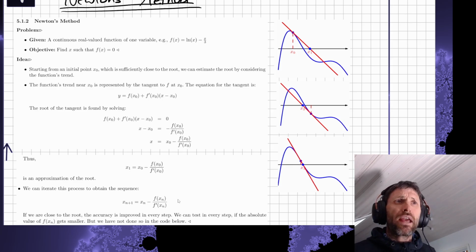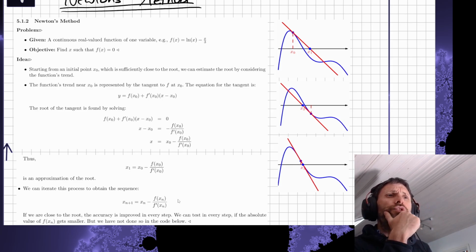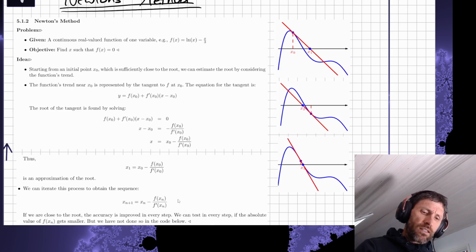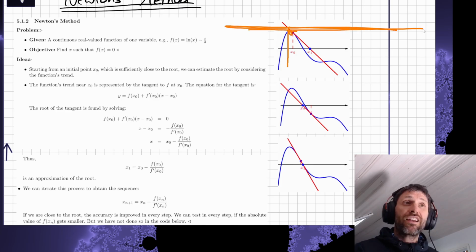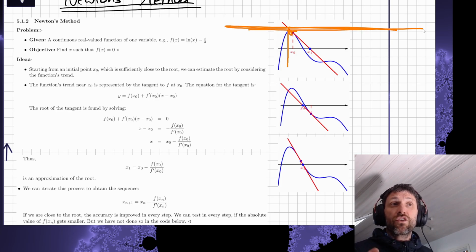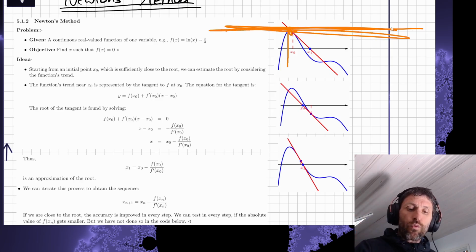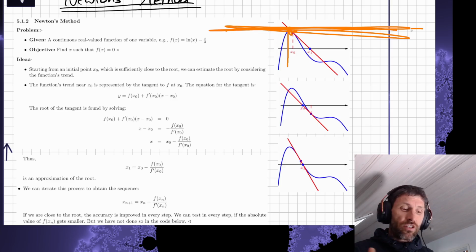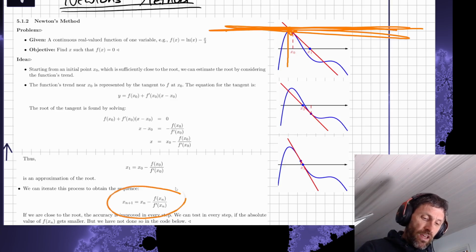But if you analyze that, we will have a division by 0 if the derivative is 0. What does that mean? That means maybe you started here and then for the tangent there is no root. So derivative 0 means there will be no root of the tangent, and that's also what we have here.